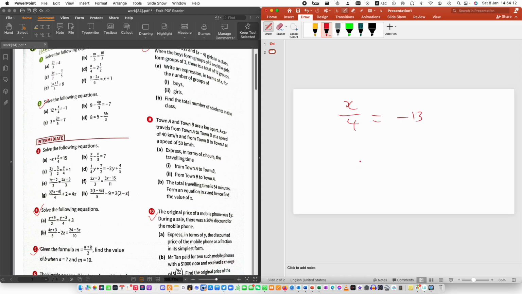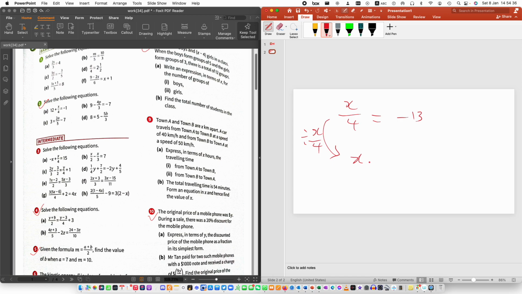How do you get x? Because ultimately our objective is to find x. How do you reach x here? Divide by x over 4? Then you get x.